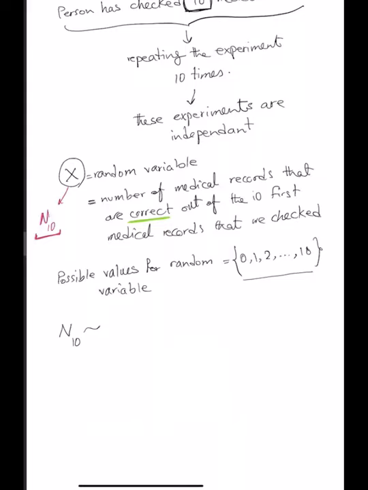Like if I check 10 medical records, that I will see exactly 2 of them correct, or 5 of them correct, or 10 of them correct? I don't know, but I can calculate the probability associated with these values. So if I consider N10 as the number of medical records that are correct in the 10 medical records I have checked, what is the distribution of this random variable?